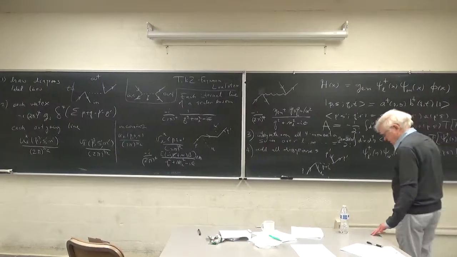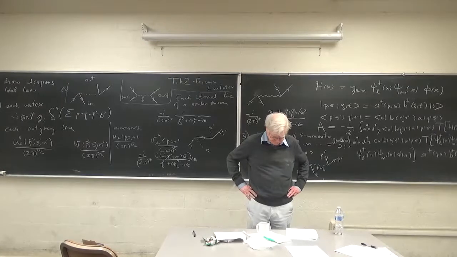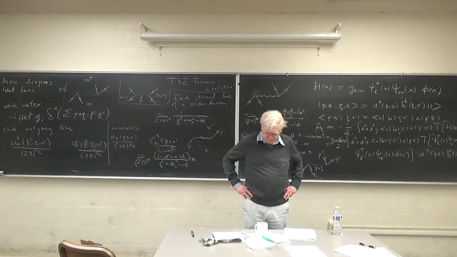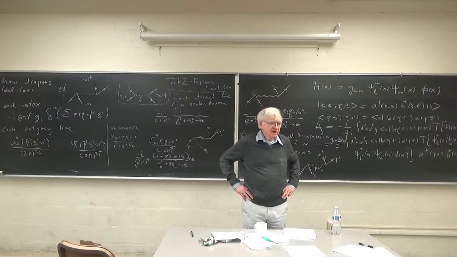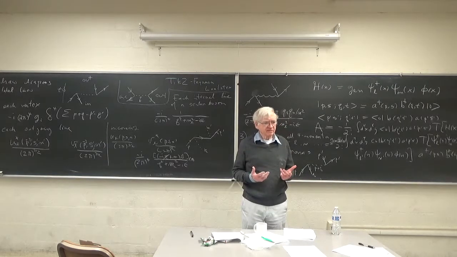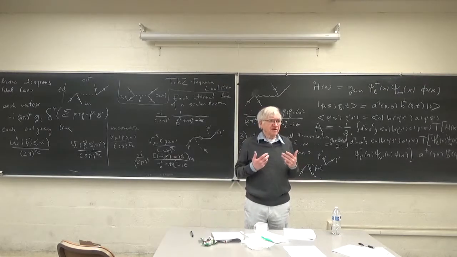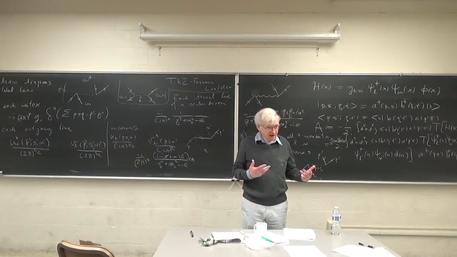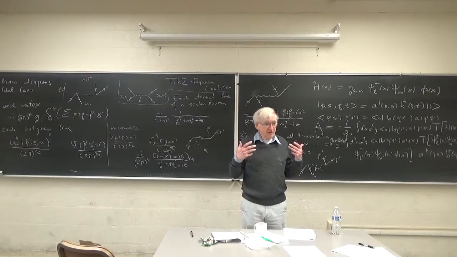Okay, Laura, let's think about that for a moment here. The symmetry that you're thinking about here is conservation of quantities. Things are conserved in time if they commute with the Hamiltonian. Sure. But now the conservation of some quantity in time normally results from a symmetry.